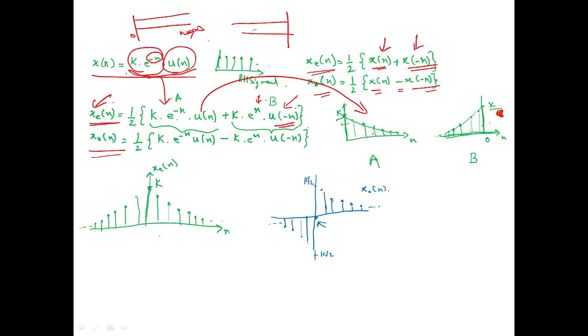So half plus half becomes k. Here we have directly taken k by 2 in both the cases, so you can keep it as k by 2, or you can do it at a later stage, or directly include the constant somewhere.